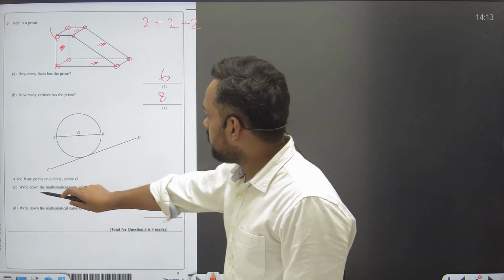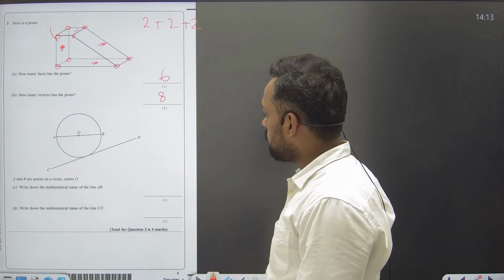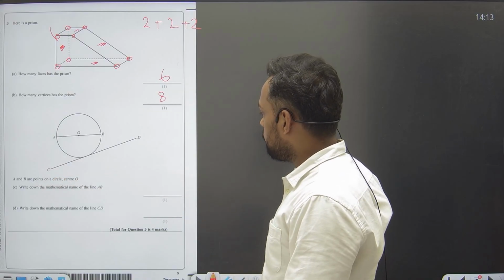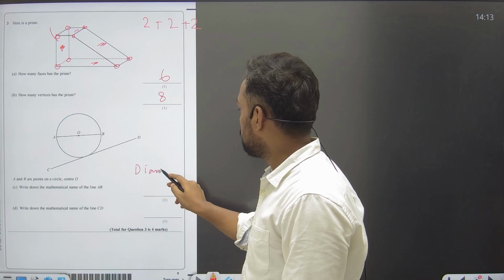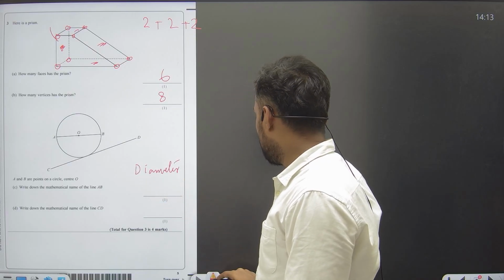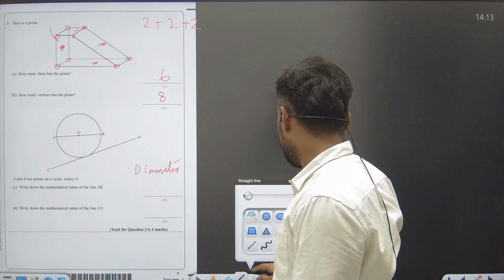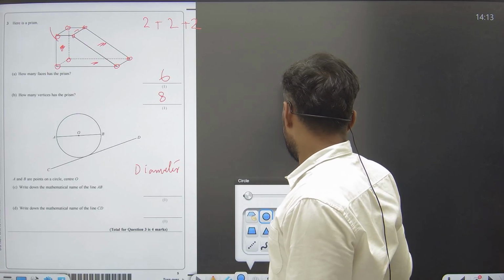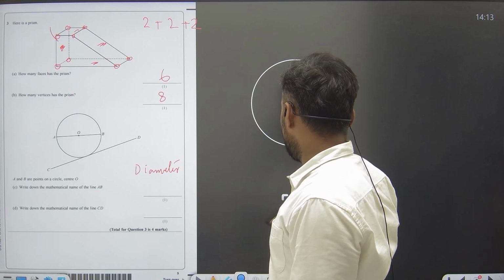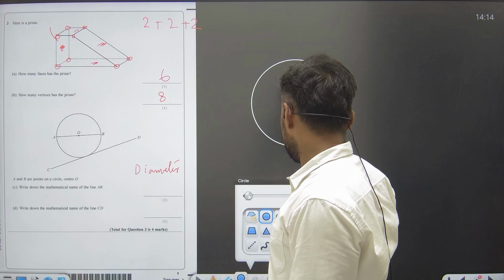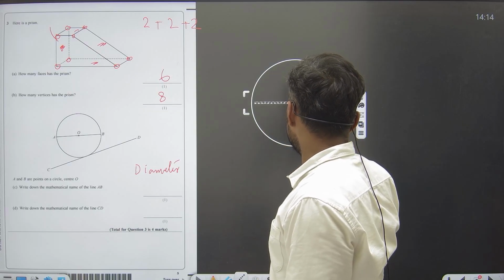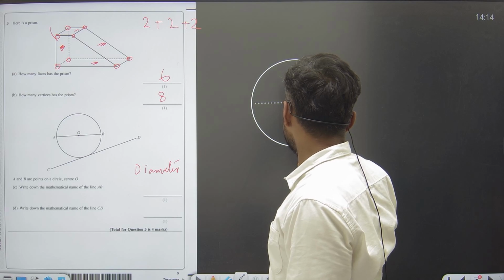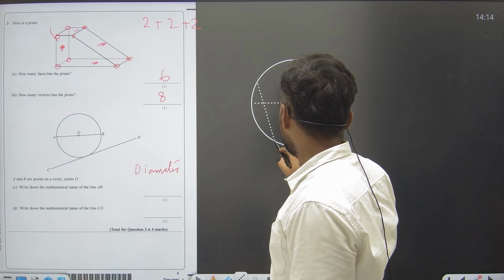In the next part, A and B are points on a circle with center O. Write down the mathematical name of the line AB. AB is the diameter. Those who don't know, I'll draw it for you, student. If this is a circle, so this is a diameter. Similarly, this is a radius, and this is a chord.